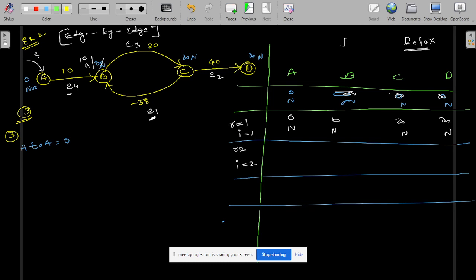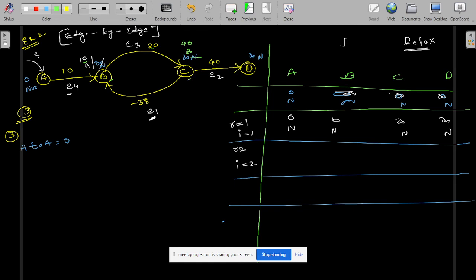E3. Now everyone observe here. B to C we are moving. Here 10 is there, plus 30. 10 plus 30, what value will you get? You will get 40. Who is giving this one? B. Relaxation is done. Before, B was relaxed; now C got relaxed.